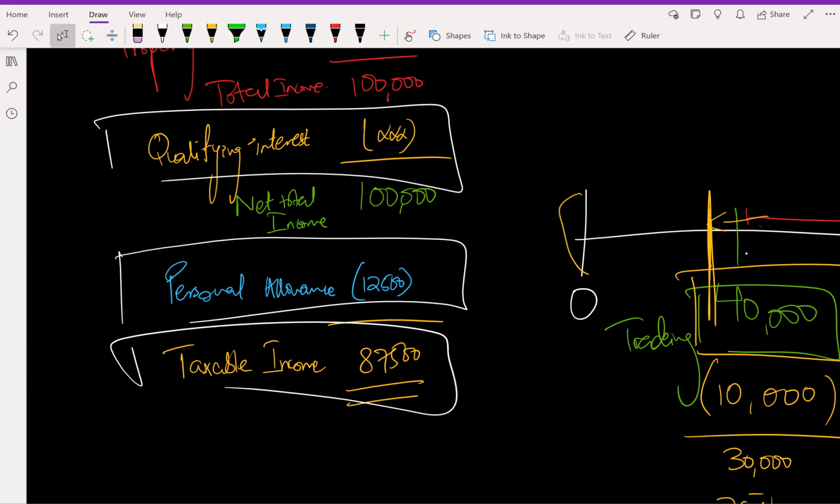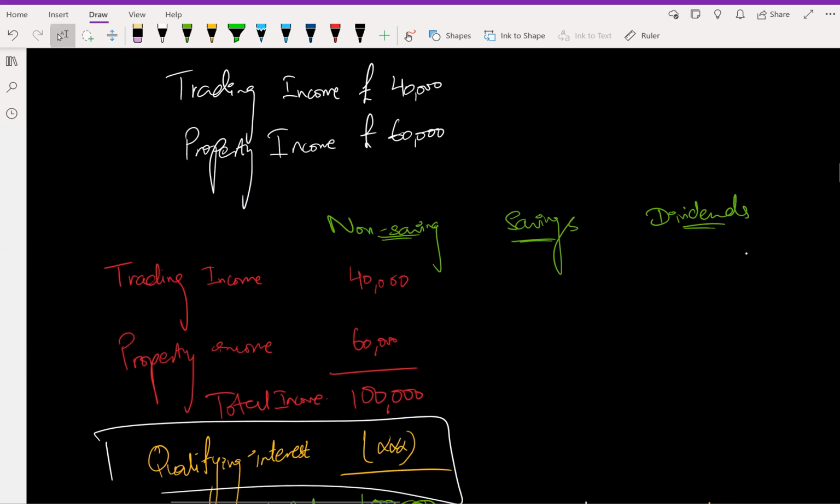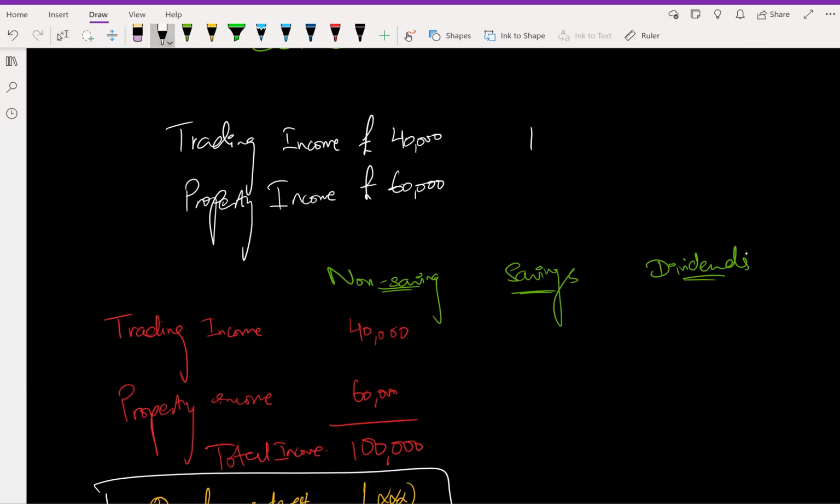Specific to this case, I didn't even consider any income under those categories, because in this example I haven't considered it. But what if I would have considered savings, let's say bank interest, and let's say dividends?